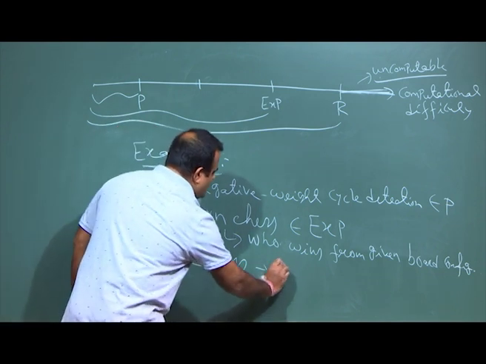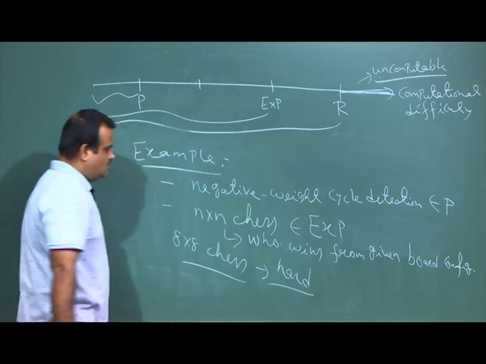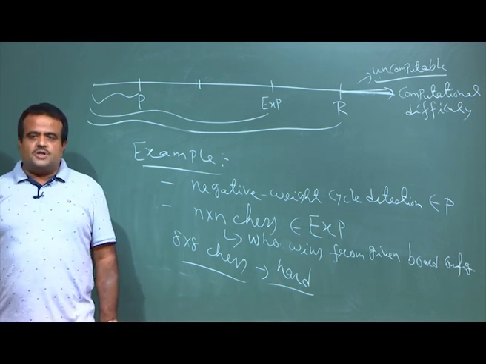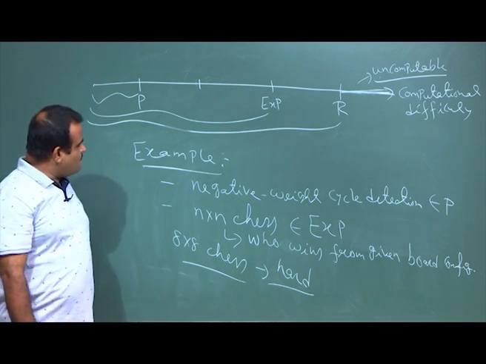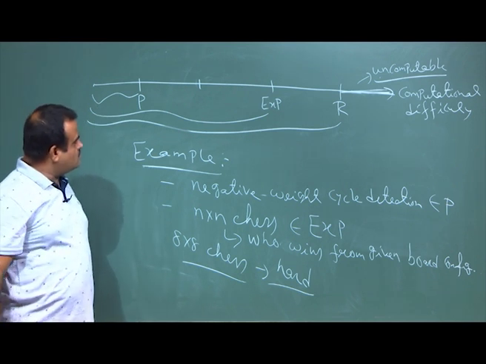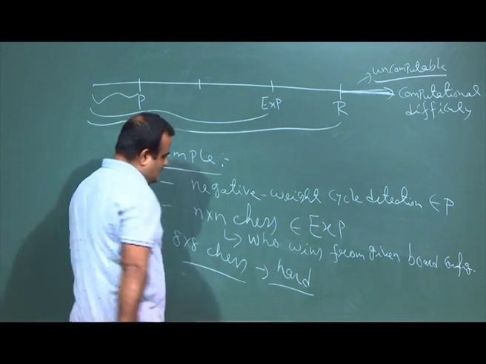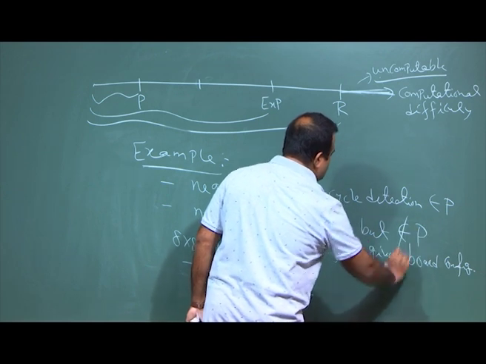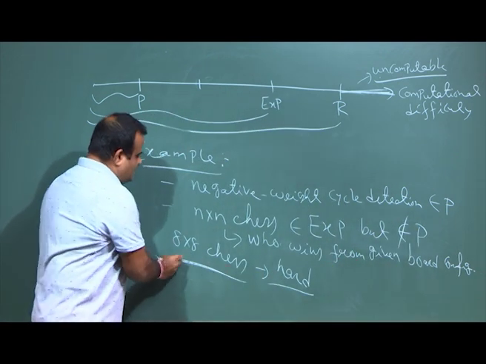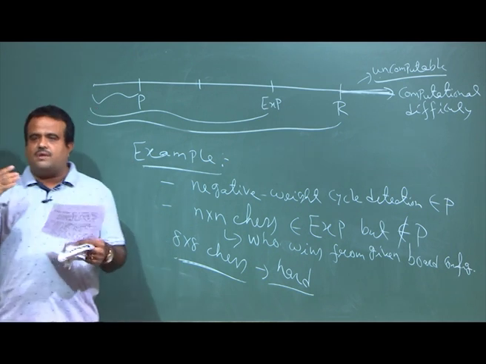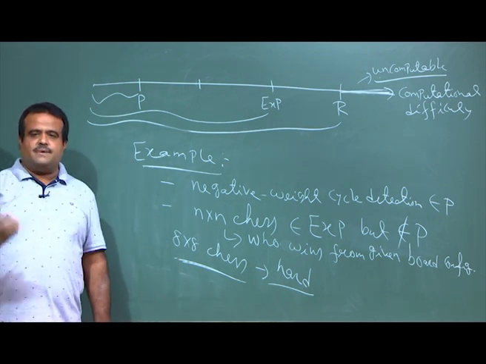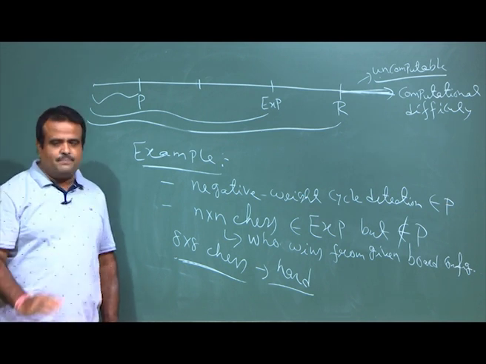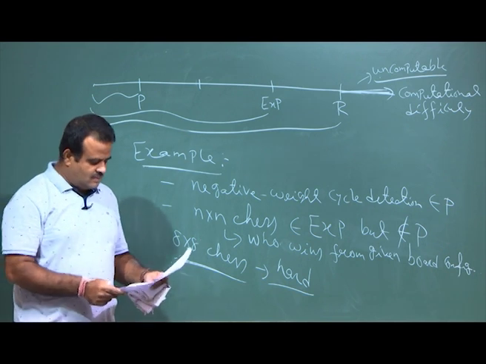That means there is no polynomial time algorithm to solve this problem. So, this belongs to the exponential class and it is not in P, even for 8 by 8 chess. We do not have a polynomial time algorithm for it, so this is an example of an exponential time problem.